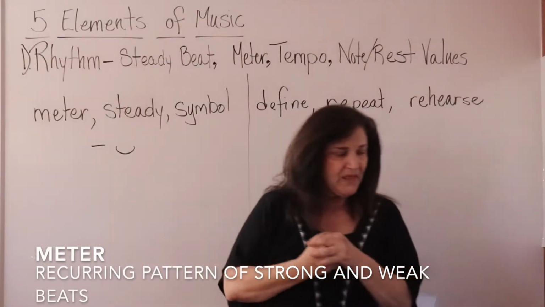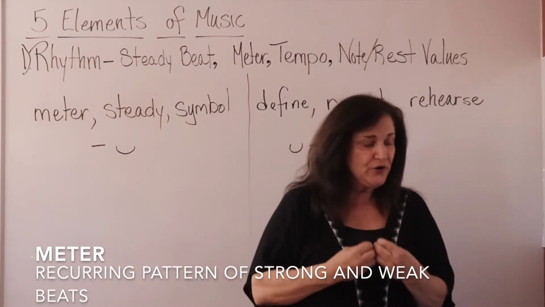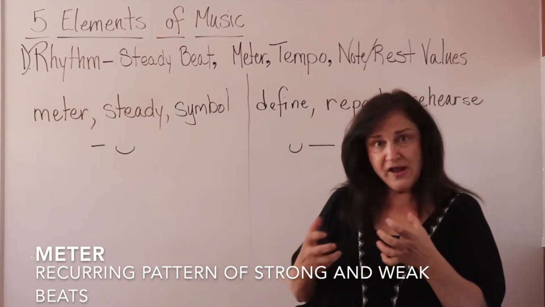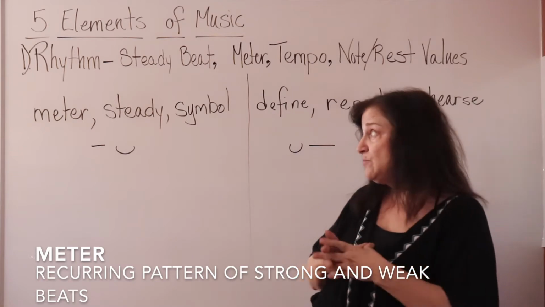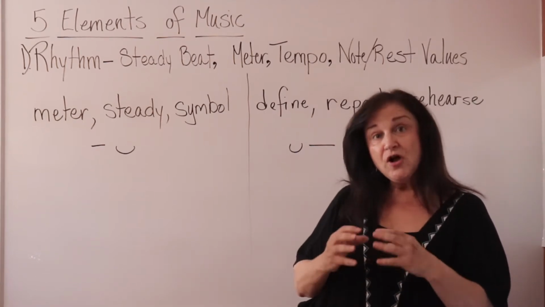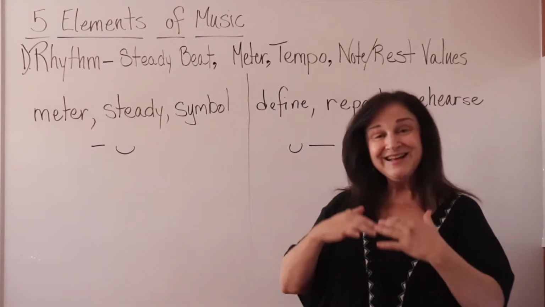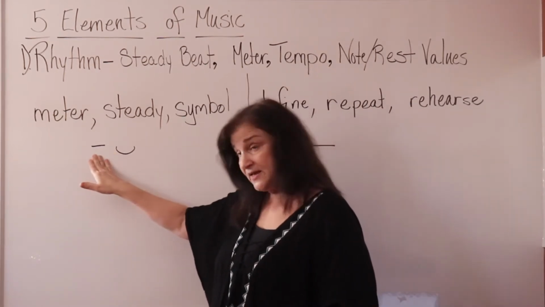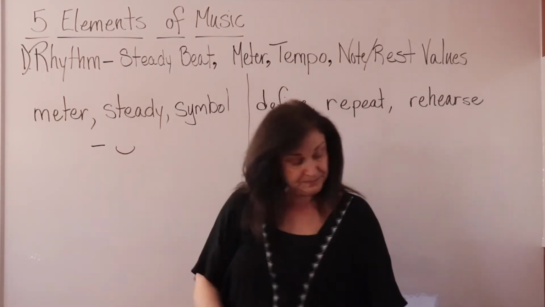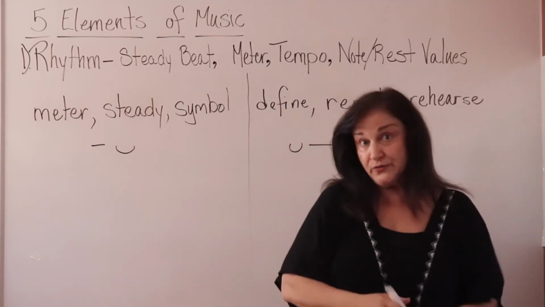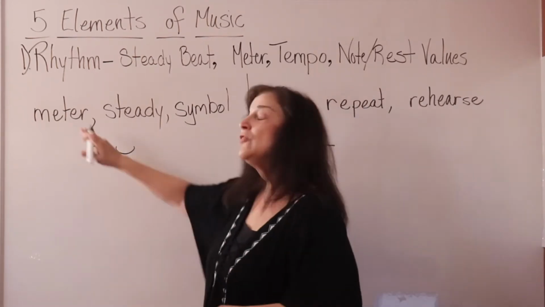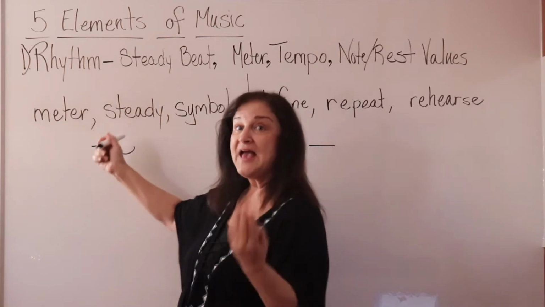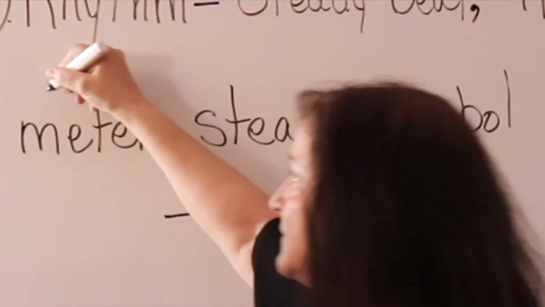Meter is defined as a regular, recurring pattern of strong and weak beats. In music, we represent strong and weak, accented and unaccented in this way. Accent, unaccented. In poetry, we also do this as well. The word meter, the accent falls on the first syllable.